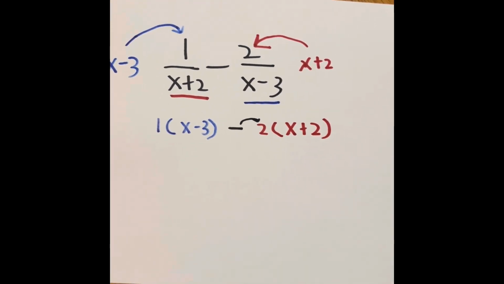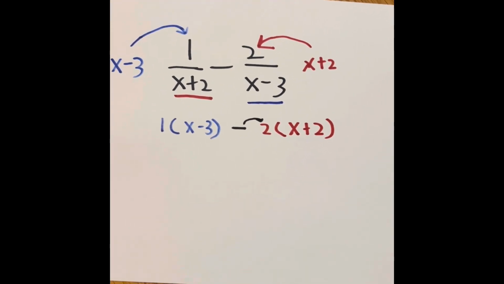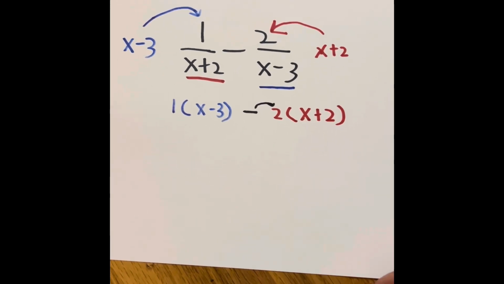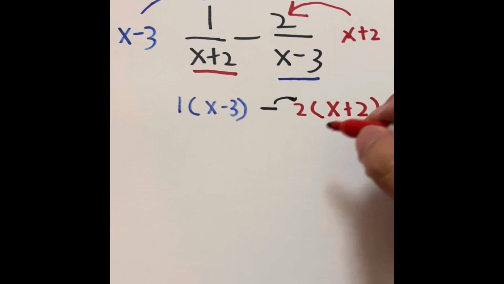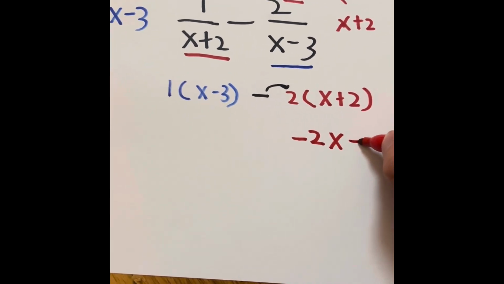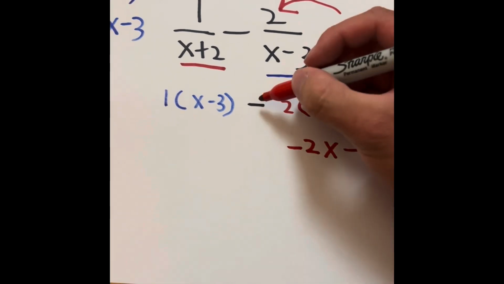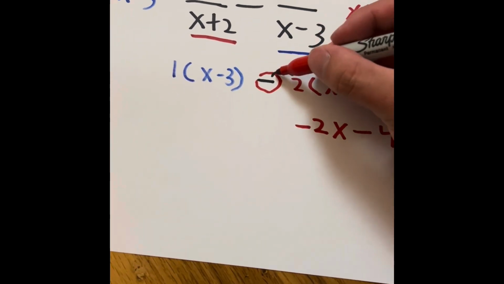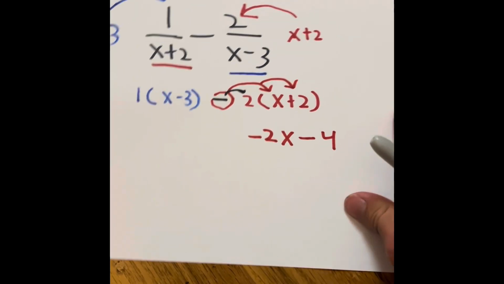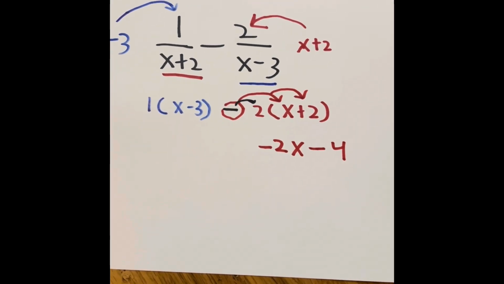The negative is also going to be distributed. So in reality, the equation for the red one is going to be negative 2x minus 4, because that subtraction symbol is also going to go into the distributive property.